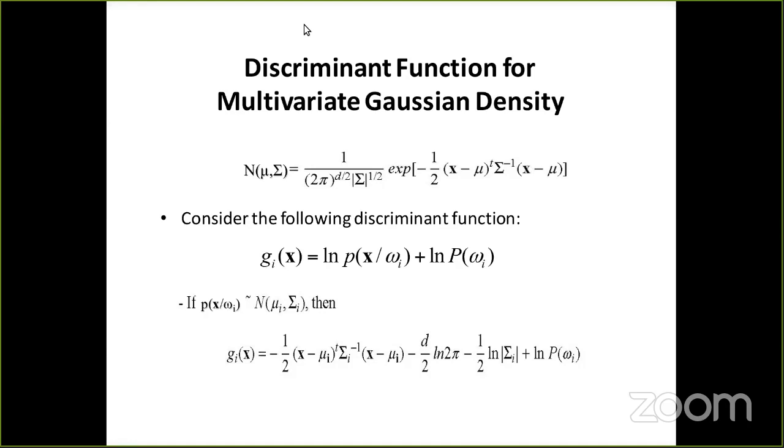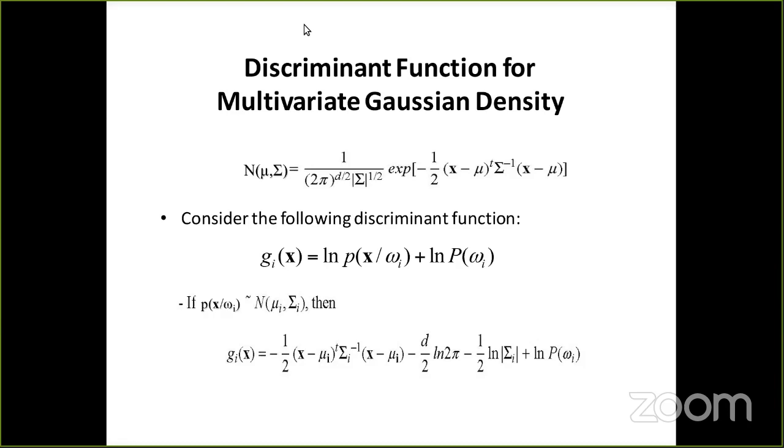Length of the fish cannot be negative infinity. So if it is indeed non-Gaussian, then you assume some other distribution that fits the data better.